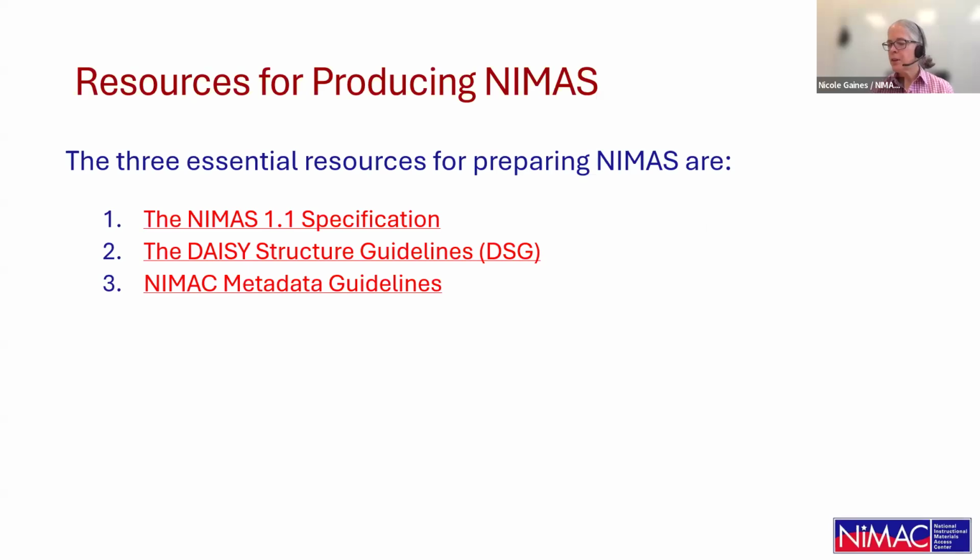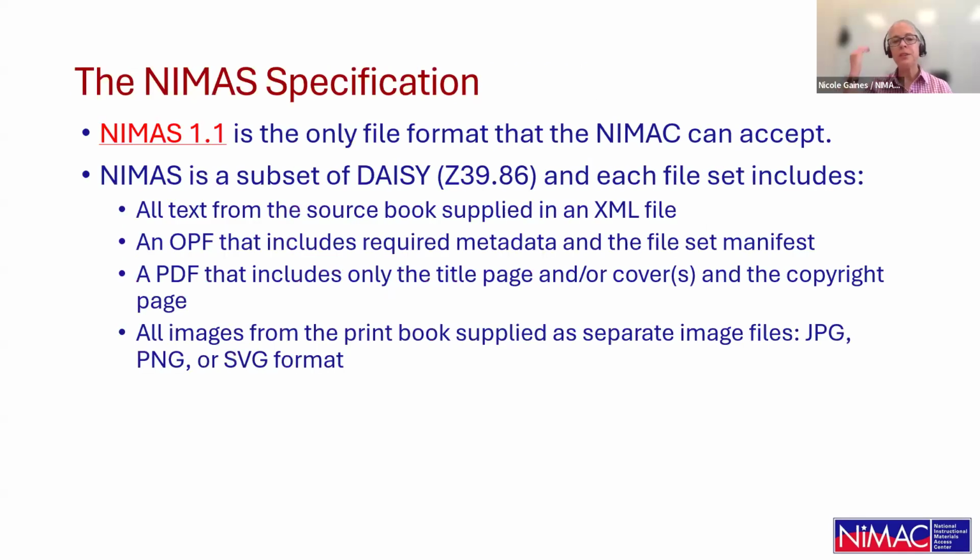But starting out to talk about the technical specification, I want to just talk a little bit about the various components of the file set and where the specification itself comes from. So basically, NIMAS is a subset of DAISY, and if you're really techie, that's Z3986.